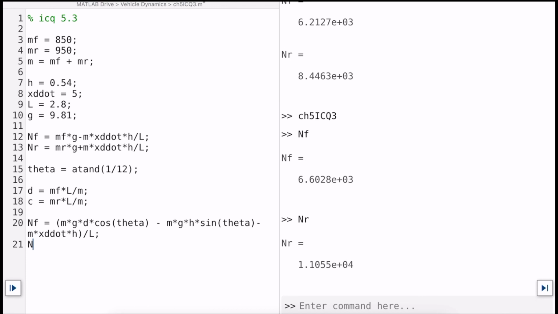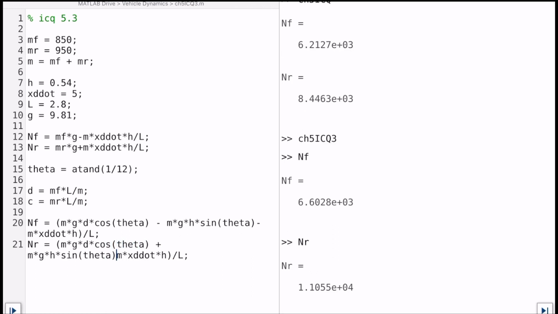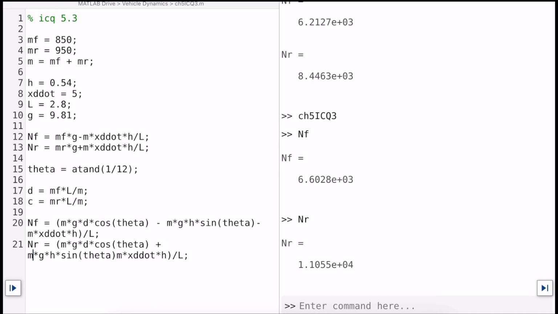And then NR is very similar. But we've got plus in here and plus at the end. We've got plus at the end as well.